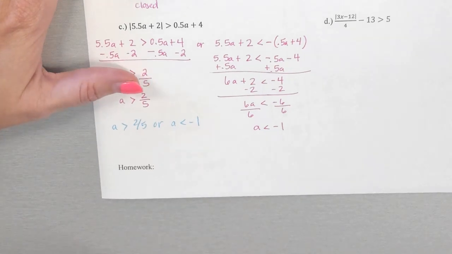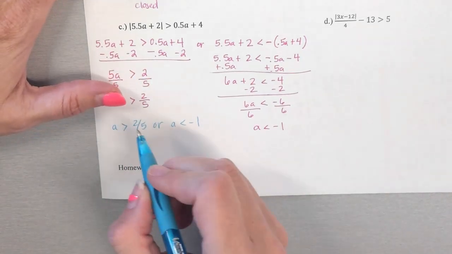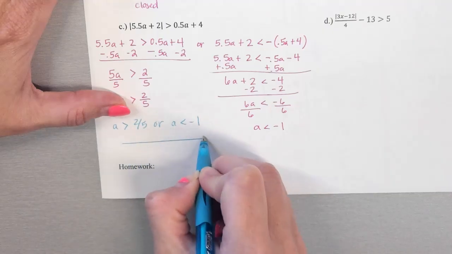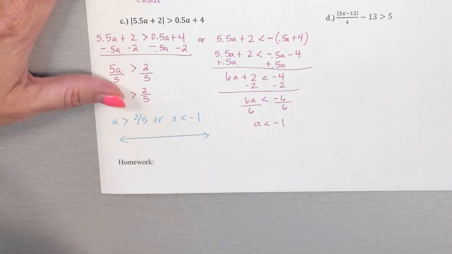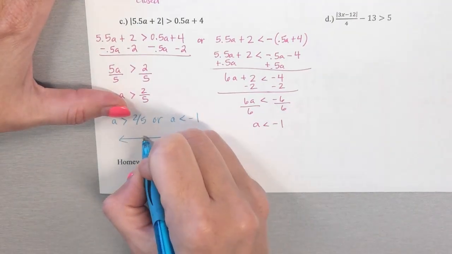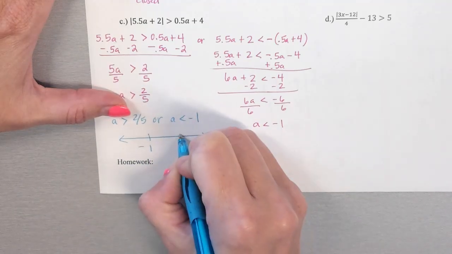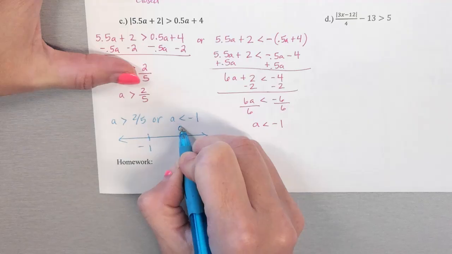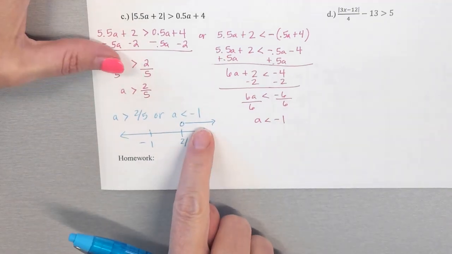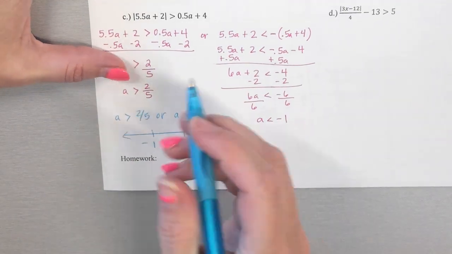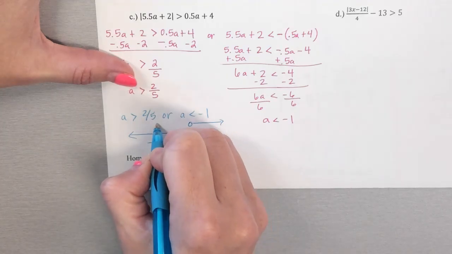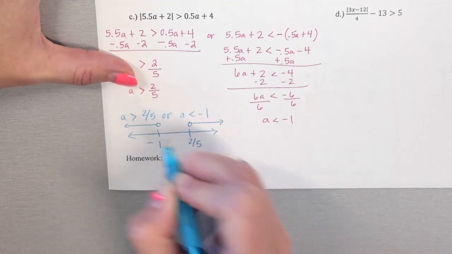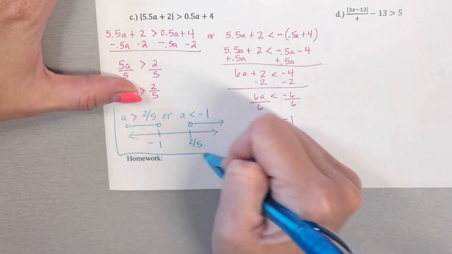And then we are going to graph that on our number line. When you're doing this, just make sure negative 1 is going to go first. 2/5 is going to be positive. I have an open circle going to the right for A is greater than 2/5. I have an open circle going to the left for A is less than negative 1.